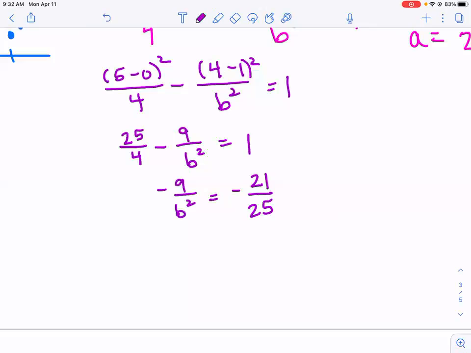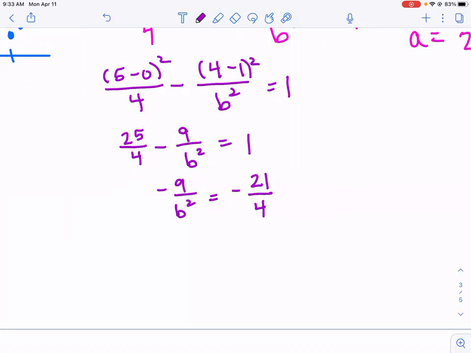Negative 21/25? No? Okay. You're shaking your head, you don't like it? That makes more sense. No. Because then I'd be multiplying this to b.